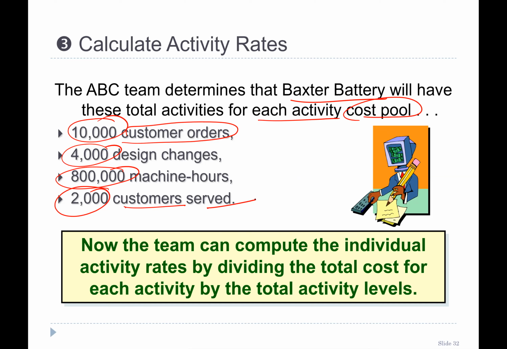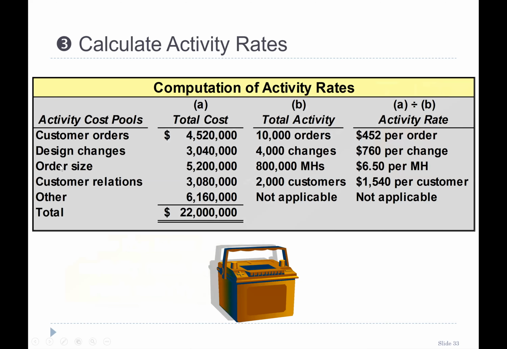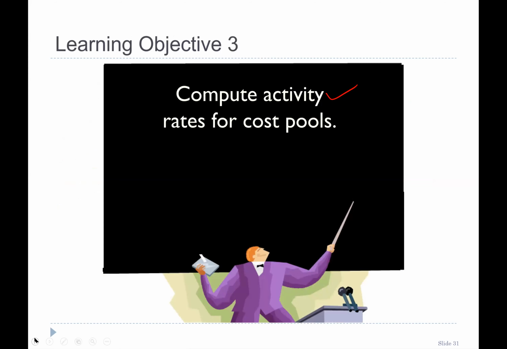Now the team can compute the individual activity rates by dividing the total cost by each activity level. Let's talk about this. If we want to find out the per activity rate, where did this 4.52 million come from? It is coming from the first stage allocation. Here we go.